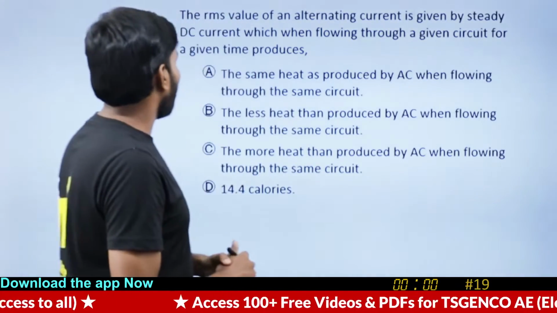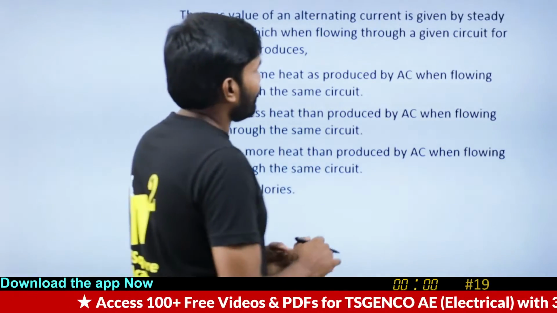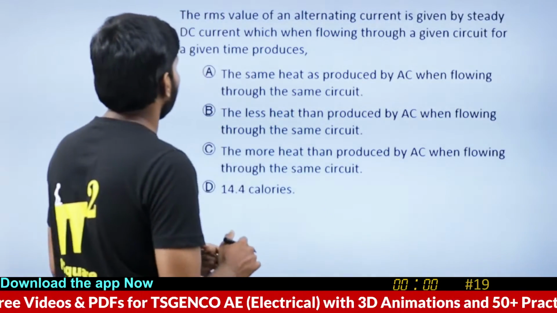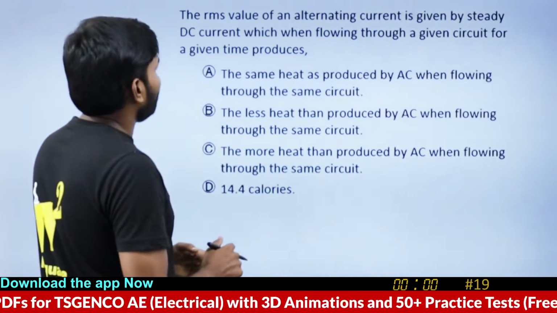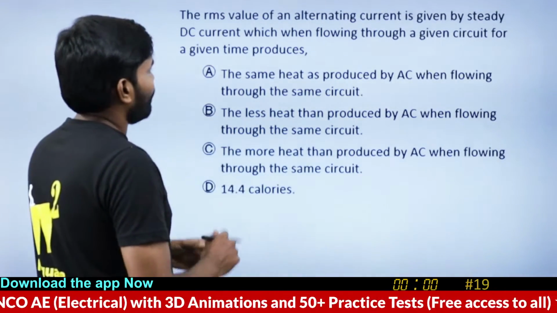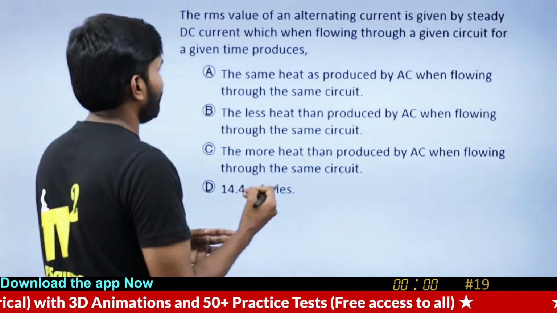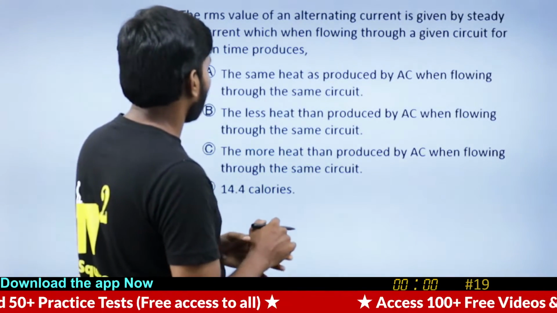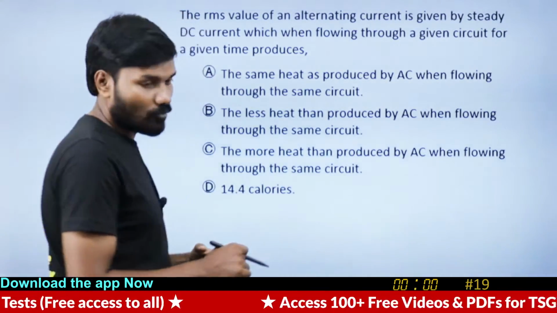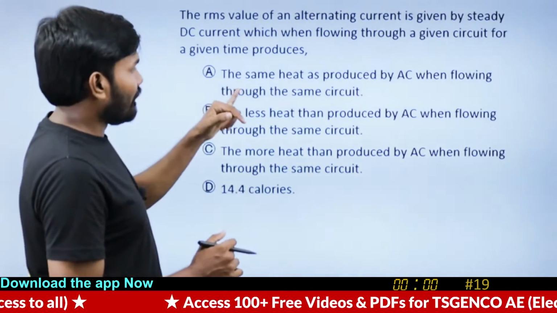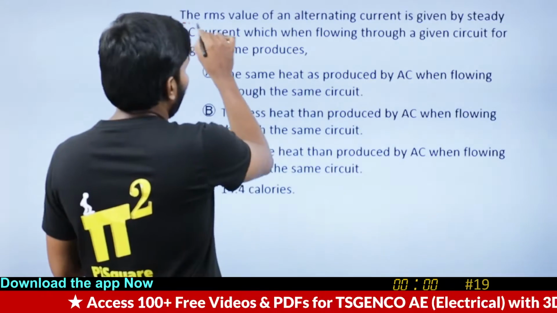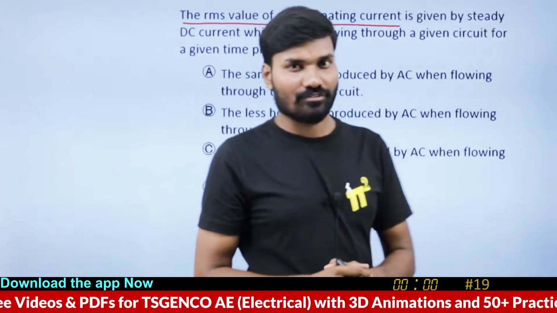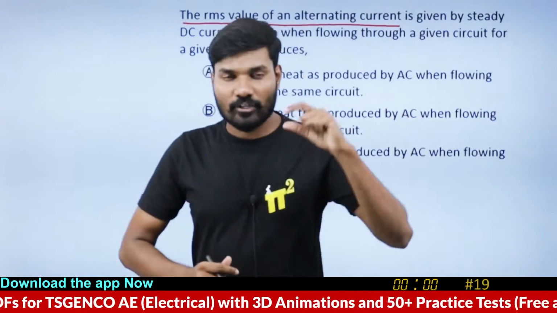Anyways, moving on. The RMS value of an alternating current is given by a steady DC current which, when flowing through a given circuit for a given time, produces the same heat as produced by AC when flowing through the same circuit. So basically, the RMS value is defined this way.